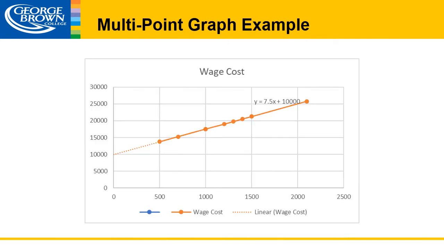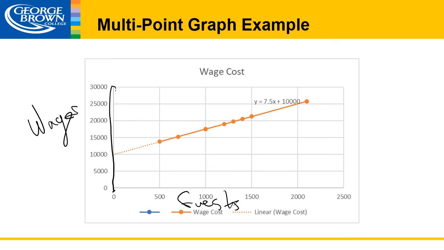All right, so here's that example. We have a scatter plot using the multi-point graph method. We've plotted guests on the x-axis, and on the y-axis, which is right here, total labor or total wages.